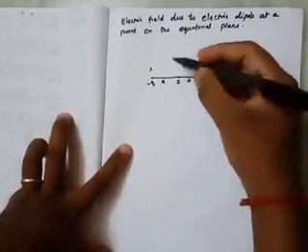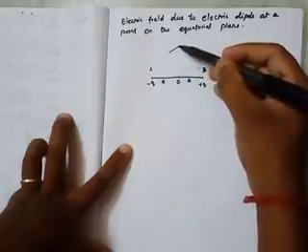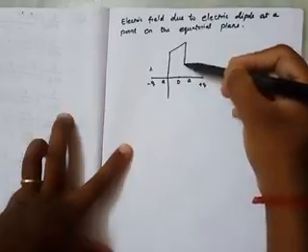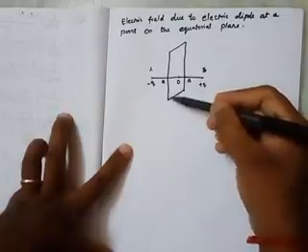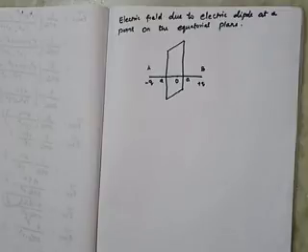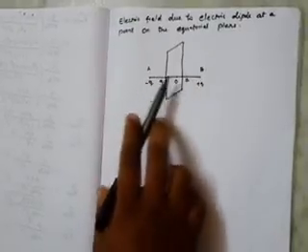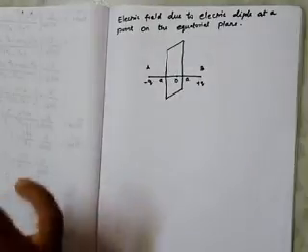Here these charges are considered in the equatorial plane. We consider the two charges plus q and minus q separated by a distance 2a.